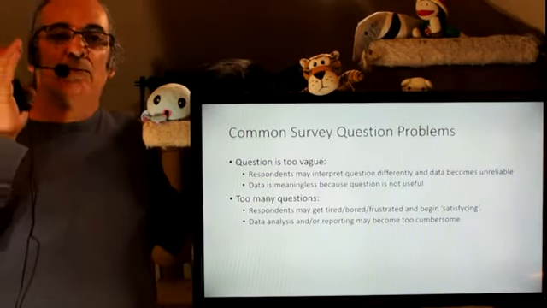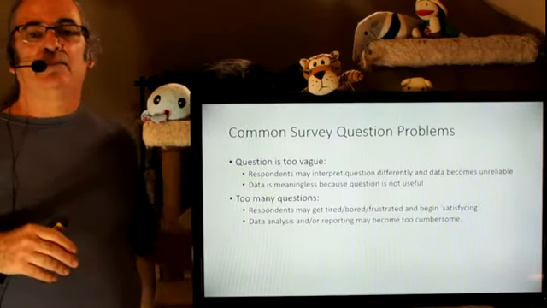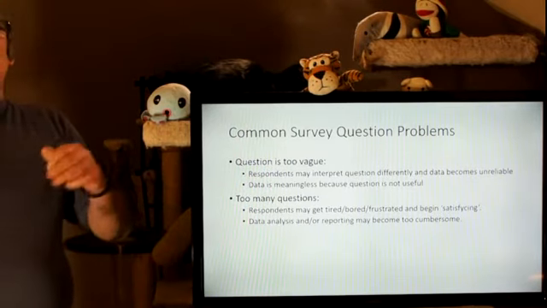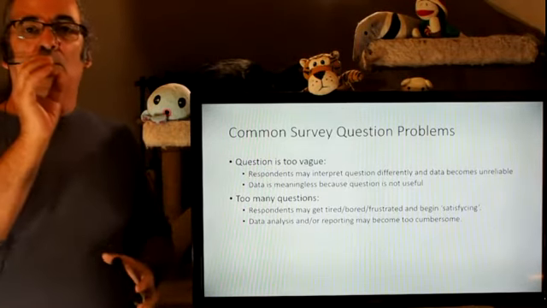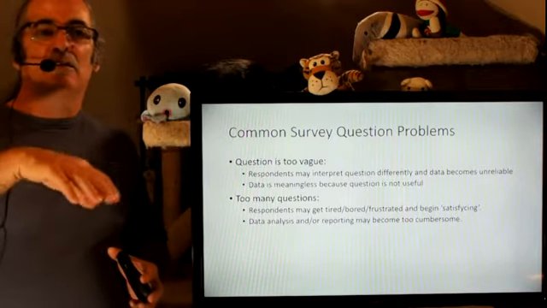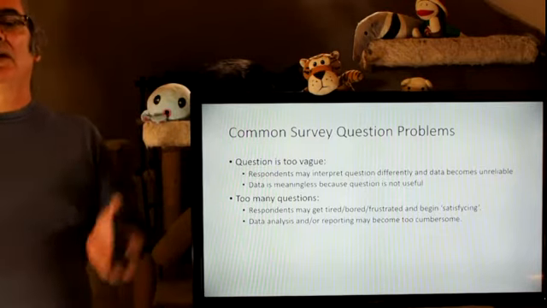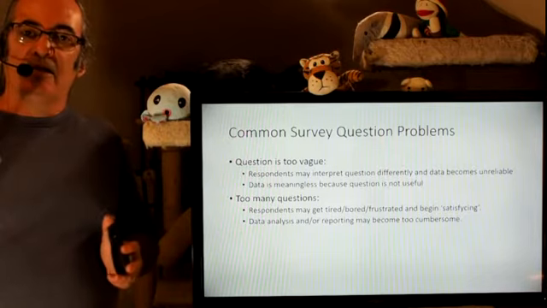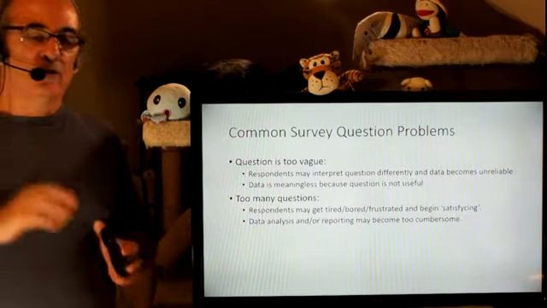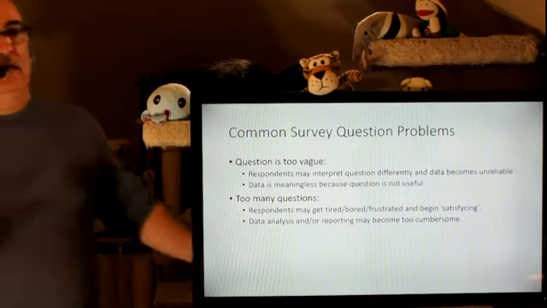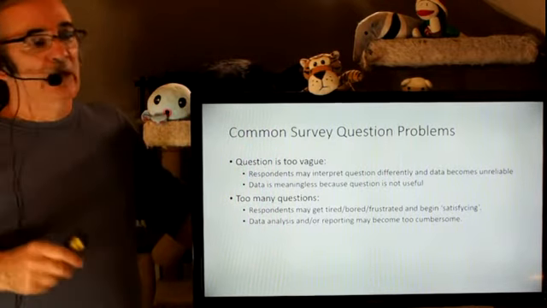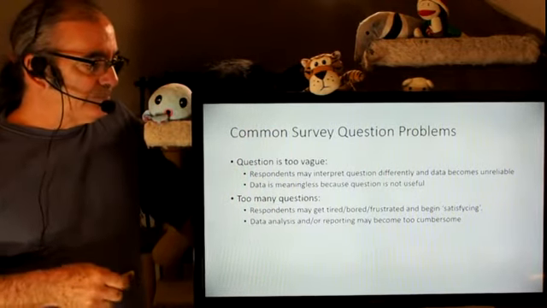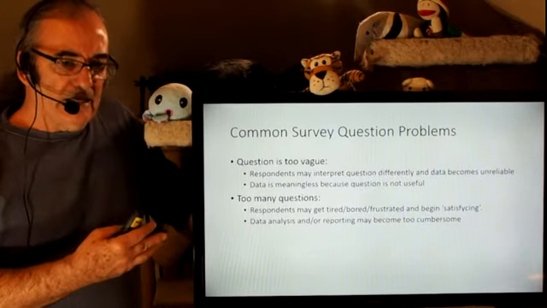So when we write survey questions for an employee satisfaction survey, we should be very specific about what area of satisfaction. If you want to ask what's your general level of satisfaction with the company, that's fine. But then break it down in subsequent questions to more specific areas, typically areas that we're willing or prepared to do something about. So when the question's too vague, what's the problem?